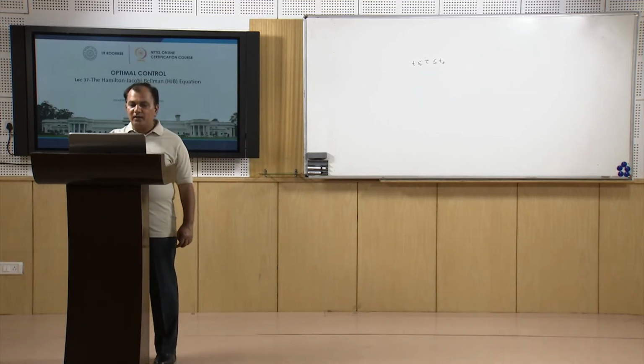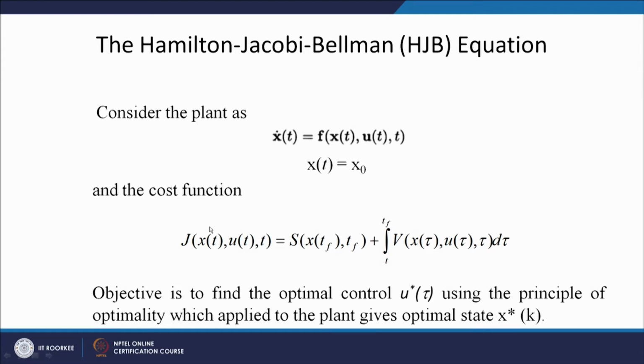Here, what does J of x t, u t, t represent? This represents the cost of transferring the state x t to t f in a time interval of t to t f. So, this J is my cost to transfer the state from its initial value, let us say x t, to the t f value. Now, the objective here is again to find the optimal value u star using the principle of optimality, which is applied to the plant and gives the optimal states.